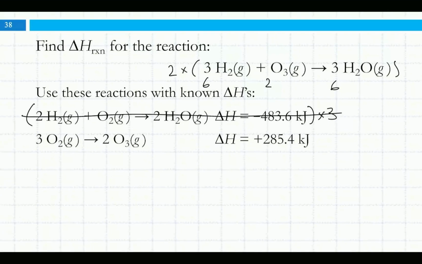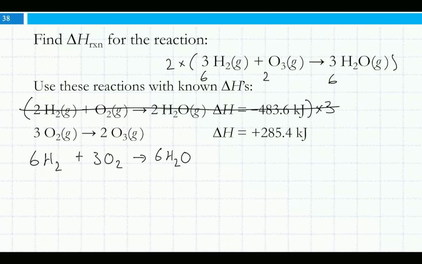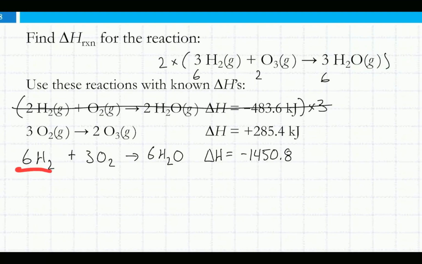We'll have to multiply the next one also. Delta H will be negative 43.6 times 3. Okay, cool. So now we'll have the right number of hydrogens to match with our multiplied one. By multiplying this also, we can just come back and simplify it at the end.